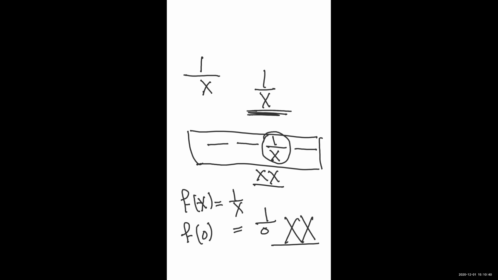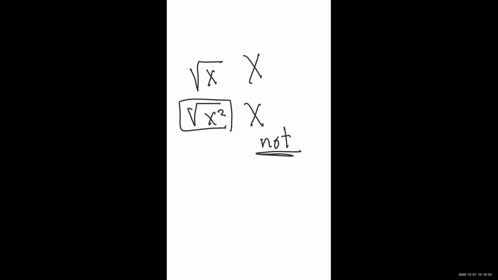So now a square root of a variable, which is x or x squared or whatever, is not polynomial. If it's 1 over the variable, which is x, or 1 over x squared, or whatever, also not polynomial.